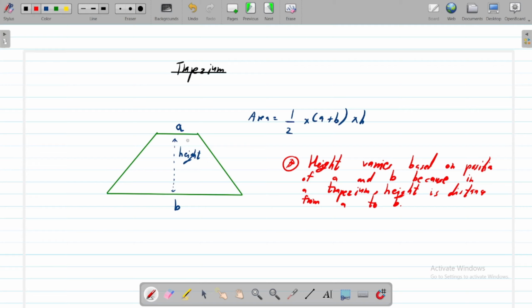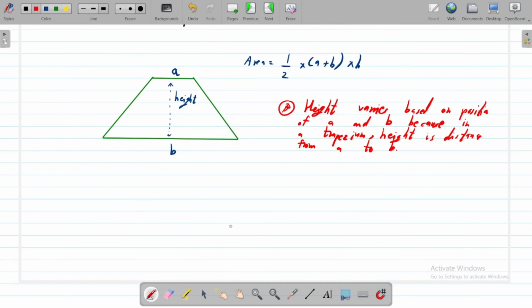So let's say if we have a trapezium something like this. I might not be exactly accurate, but let's say if we have a trapezium, yes, like this. Then this is my A, this is my B. Is this my height?